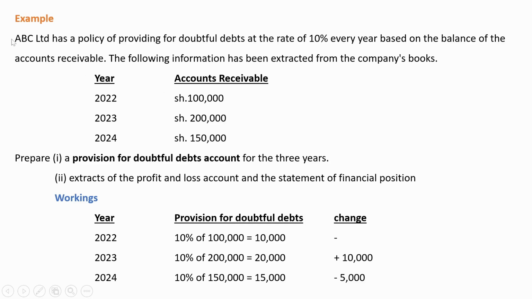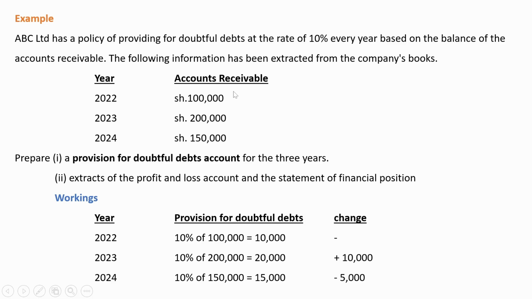It says ABC Limited has a policy of providing for doubtful debts at the rate of 10% every year based on the balance of the accounts receivable. The following information has been extracted from the company's books. So we have 3 years here, 2022 and 2023 and 2024.